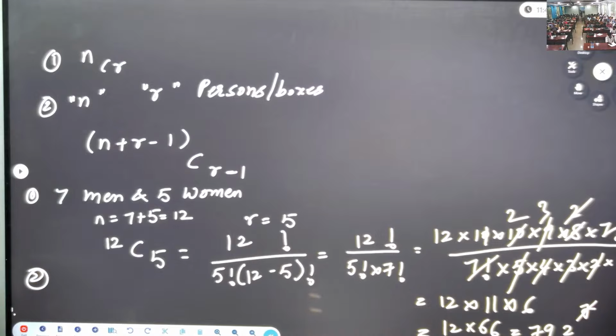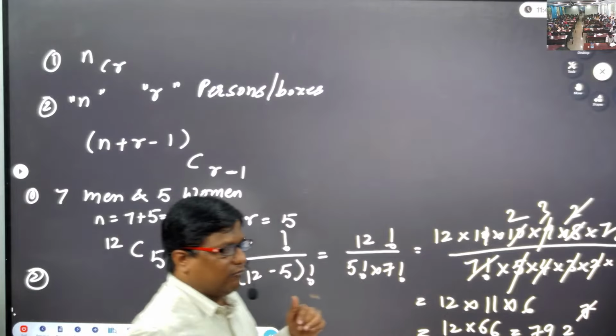The B bit question is, if the committee is consisting of at least 1 man and 1 woman, what is the answer then?